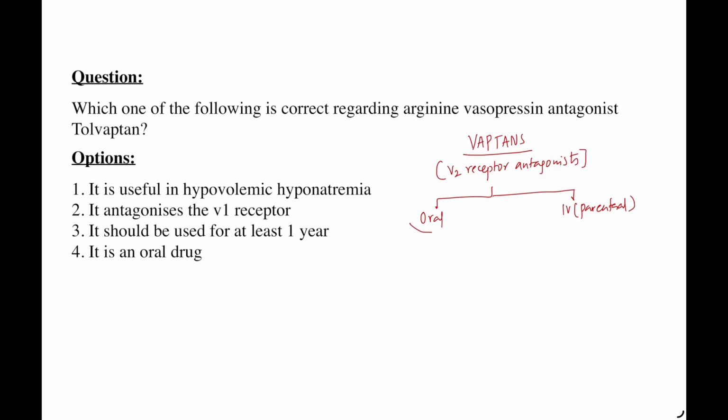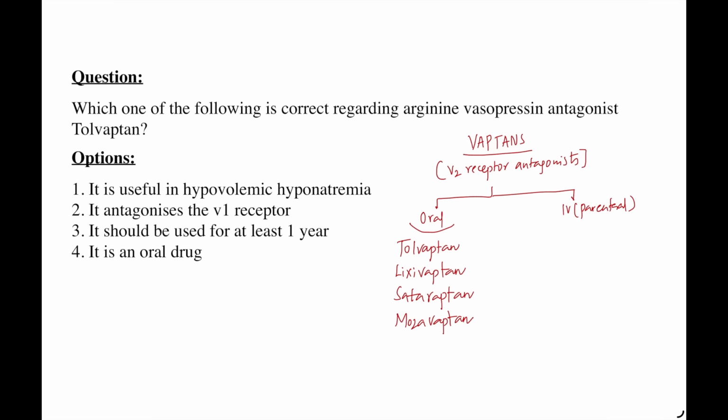Now these oral drugs which I am talking about: tolvaptan is one drug, lixivaptan, satavaptan, and mozavaptan, which is the latest drug.